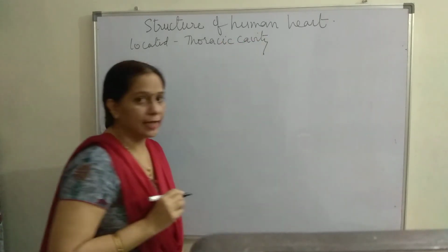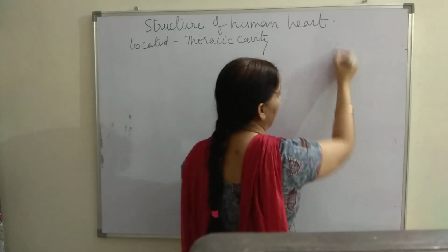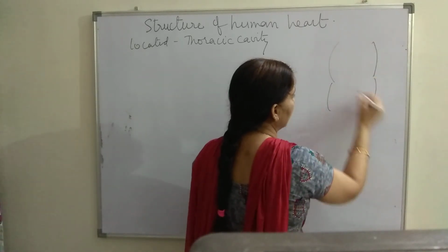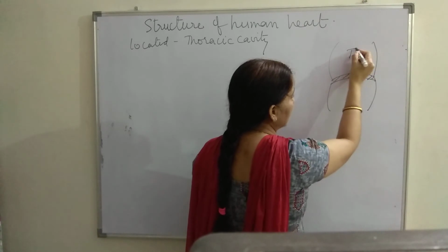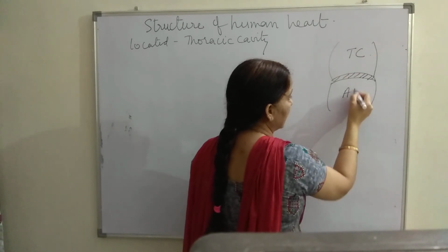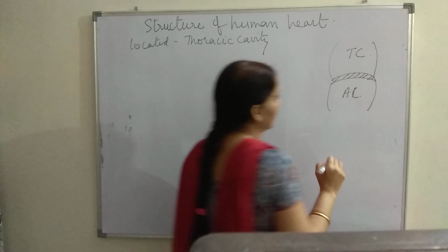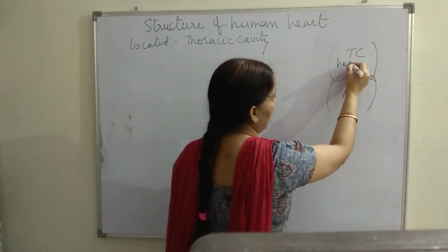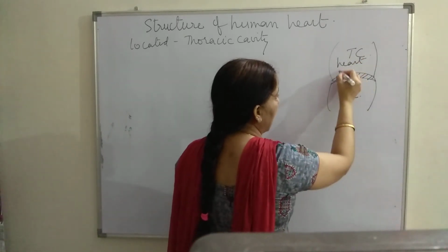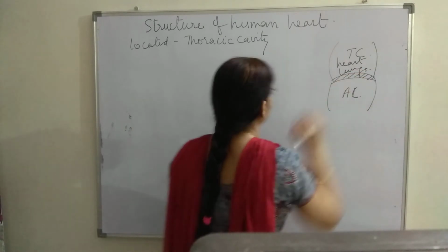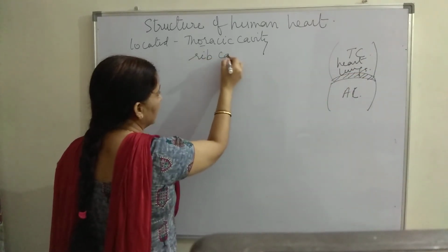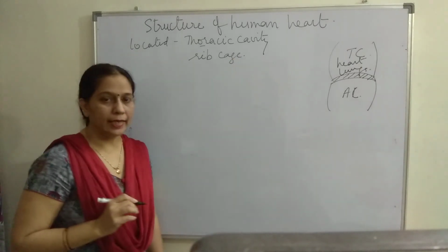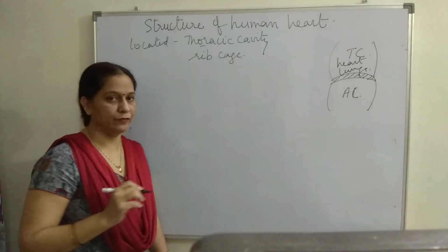When we studied the digestive system, I told you there are two cavities in the human body divided by the diaphragm. The upper one is called the thoracic cavity and the lower one is called the abdominal cavity. The thoracic cavity consists of two organs, heart and lungs. So it is located in the thoracic cavity inside the rib cage and it is slightly tilted towards the left.